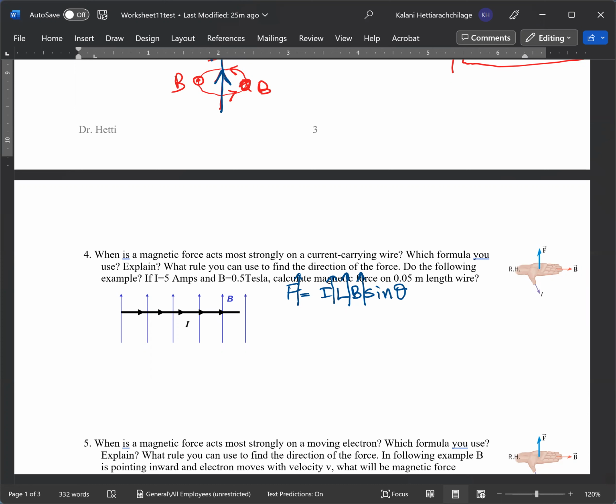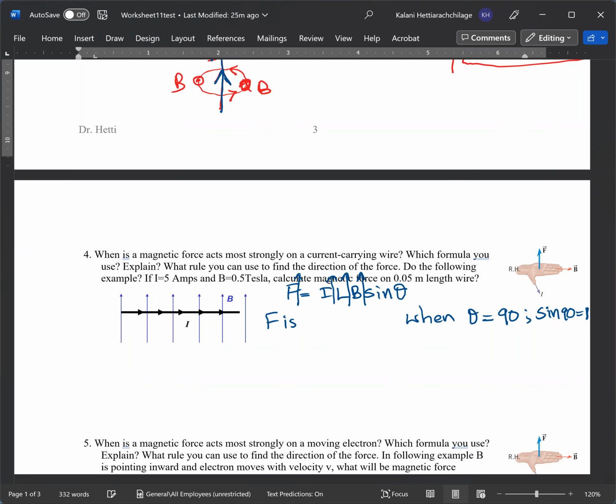But the maximum happens when theta equals 90 degrees, because when theta equals 90 degrees, sine of 90 is just 1. Because of that, you get the maximum when the current and the B are perpendicular to each other.